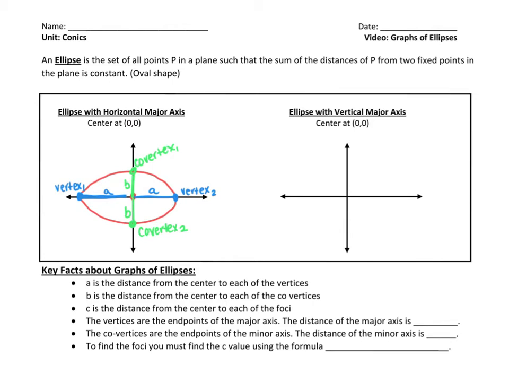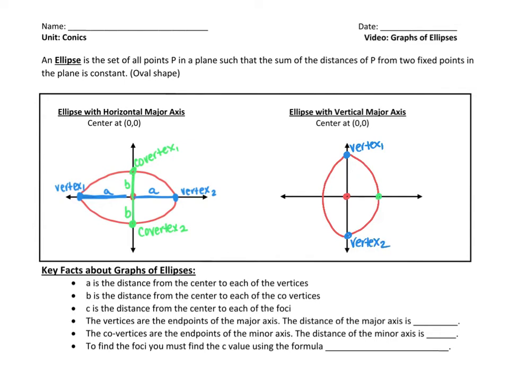Now we can do an ellipse that opens vertically. So let's again say that the center is at 0, 0. An ellipse that has a vertical major axis opens this way and makes an oval shape like such. And now, since we're opening vertically, the vertices are going to change. The one up top is vertex number 1, and the one on the bottom is vertex number 2.